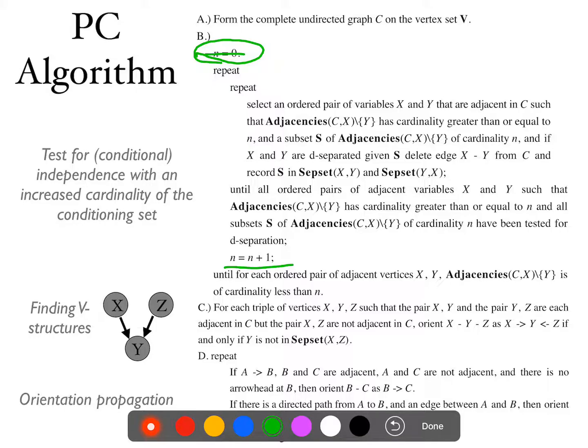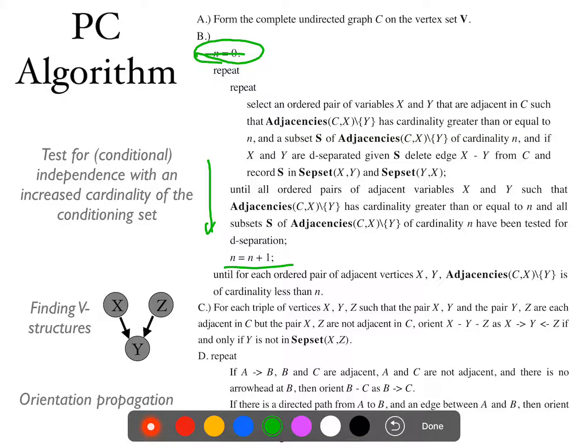Now you condition on a single variable, and you only consider variables that are adjacent to either x or y, so you have a much smaller number of variables to condition on. And so on. Finally, this step will terminate because you cannot condition on any further variables.